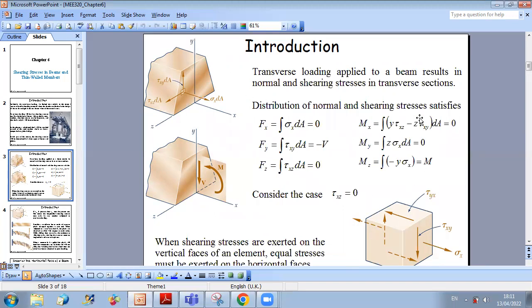So whenever you have transverse load, this will lead to the creation of bending moments in your beam, in addition to the shear forces in the plane of the section. And we have discussed together how to get V and M over the beam through different methods.